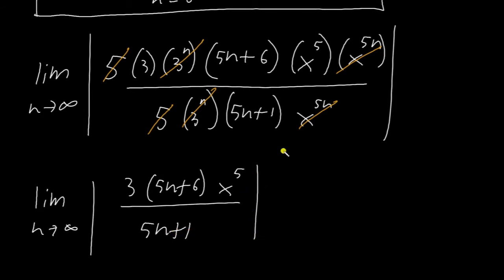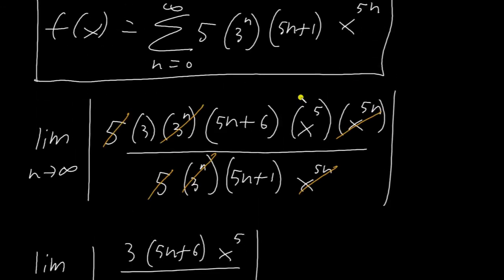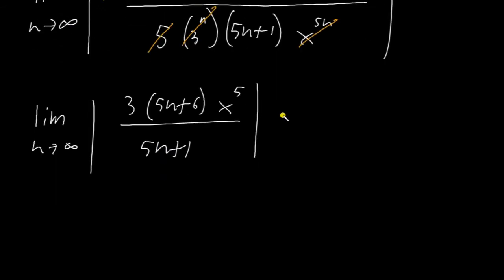Okay, so now if we actually evaluate this limit, since this 5n here and then the 5n here, the exponents are equal, so we're just going to be looking at the coefficients. On this side we have 3 times 5 is 15, on this side we have 5, so the ratio of 15 to 5 is 3, and then we have this x to the 5th here, so this limit is equal to 3 x to the 5th, with the absolute value.